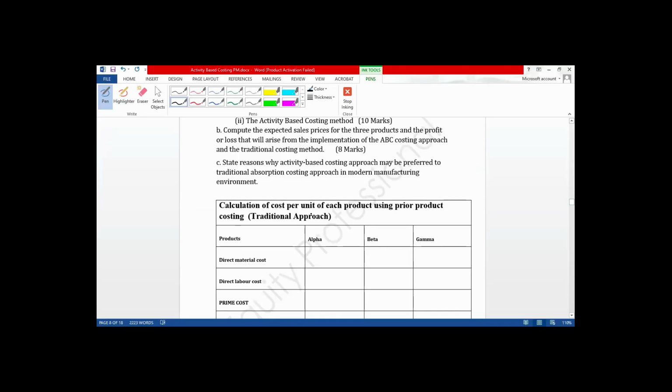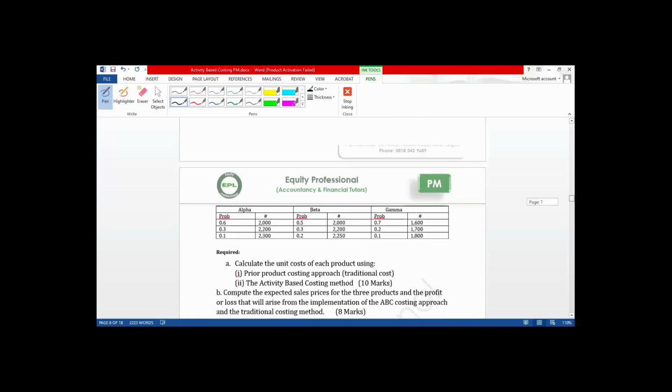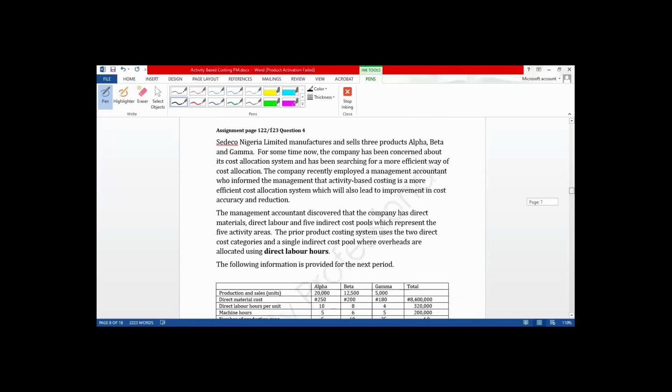Calculation of cost per unit of each product using prior product costing, the traditional approach. You have opened your table, your products Alpha, Beta, Gamma. Now go to the question. Pick direct material cost.